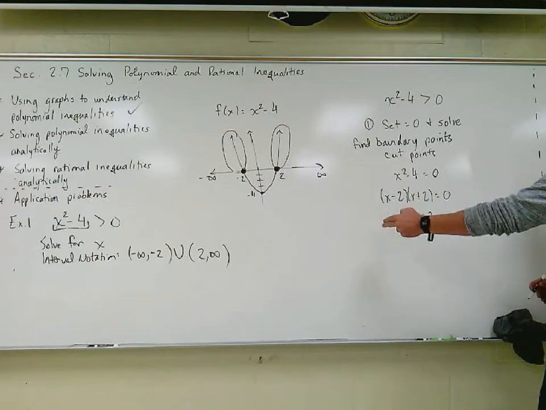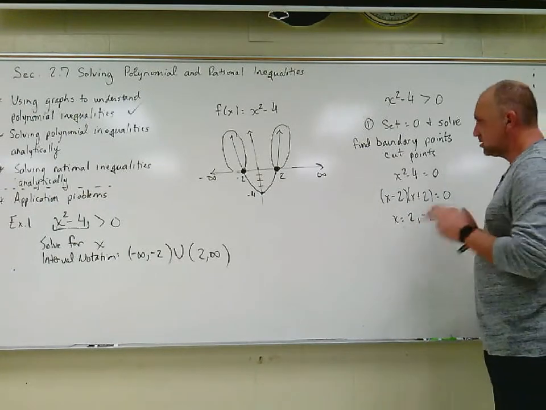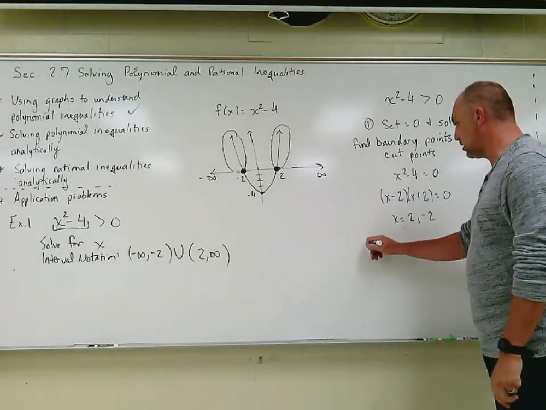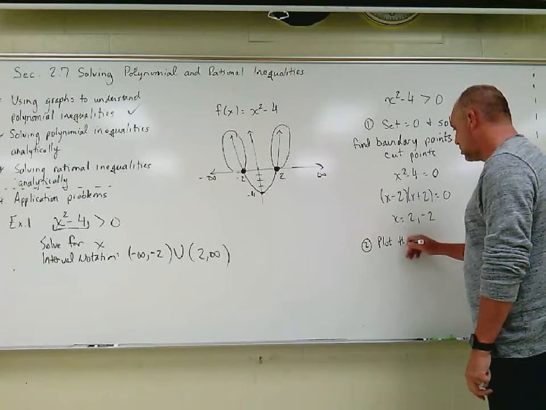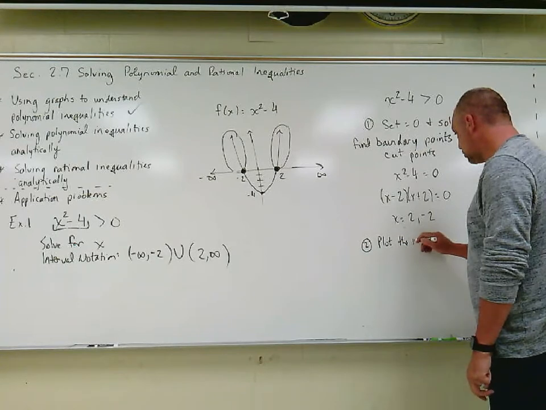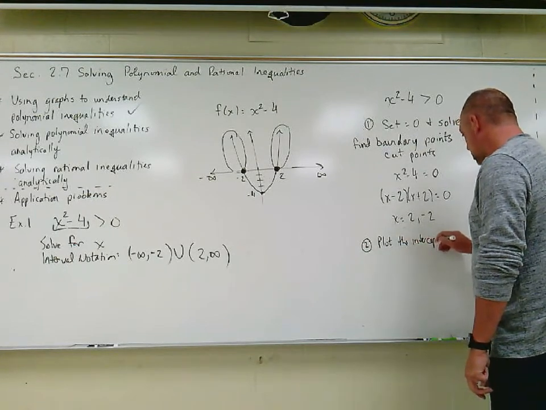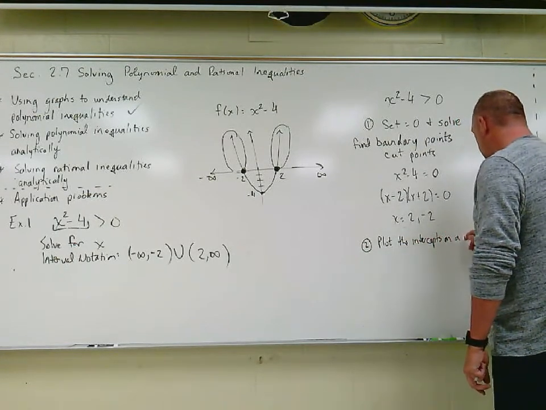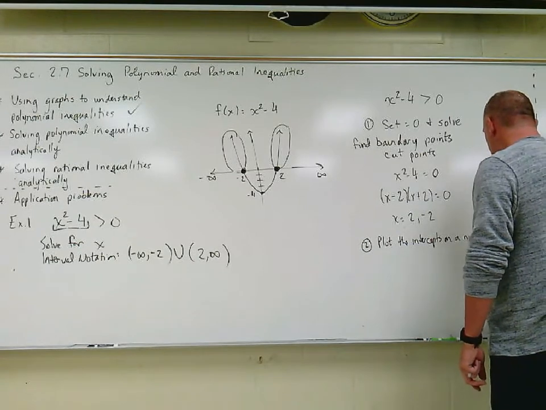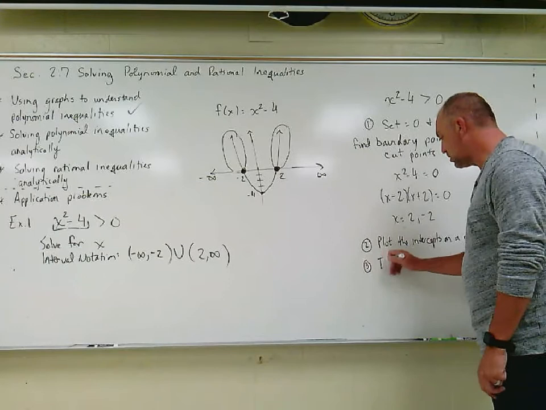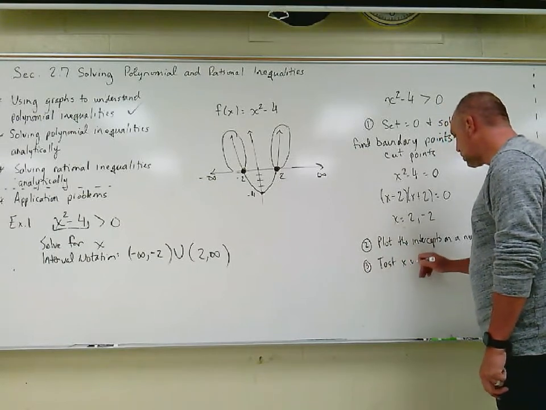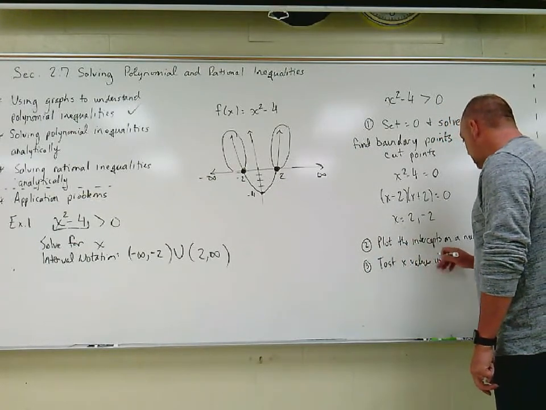Now the second step is to plot the intercepts on a number line. And then the third step is to test x values in each interval.